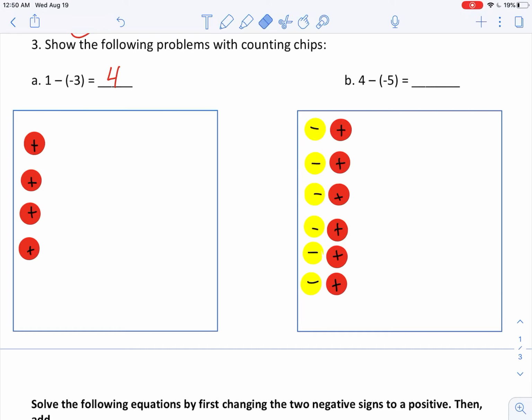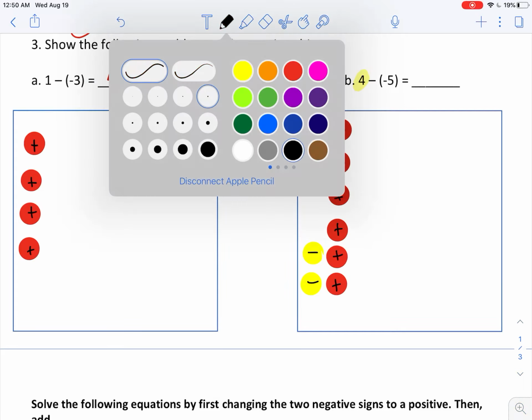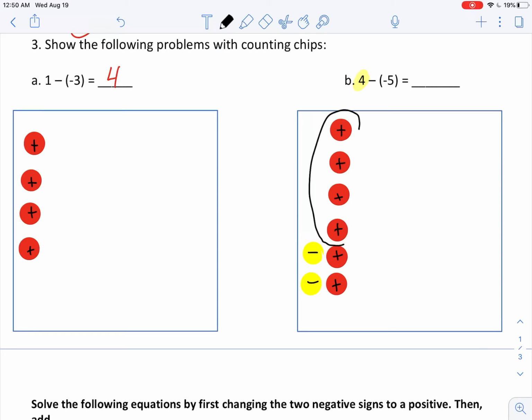Okay, let's set up our problem 3b. So I need to start with 4 positive chips all by themselves. So there's 4 positive chips right here that are all by themselves, and then of course I've got some 0 pairs. So I've got 4.